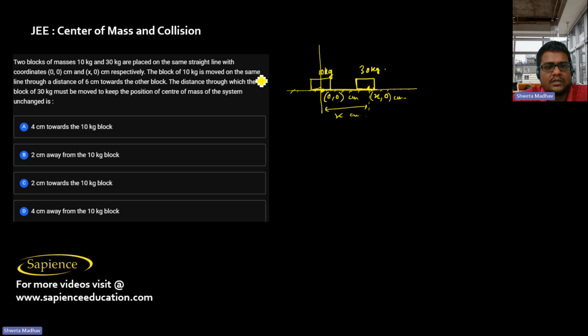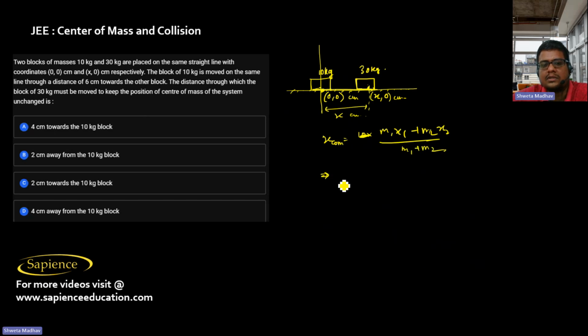The block of 10 kg is moved on the same line through a distance of 6 centimeter towards the other block. The distance through which the block of 30 kg must be moved to keep the position of center of mass of the system unchanged. So XCOM, the x coordinate of the center of mass of the system, we know is m1 x1 plus m2 x2 by m1 plus m2.